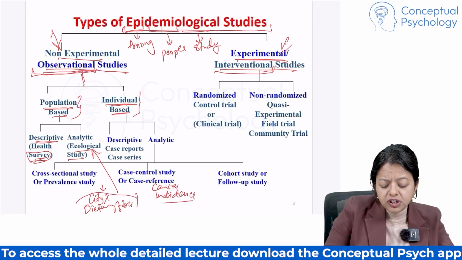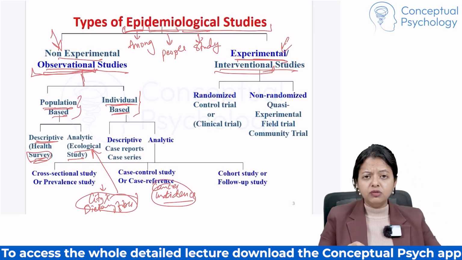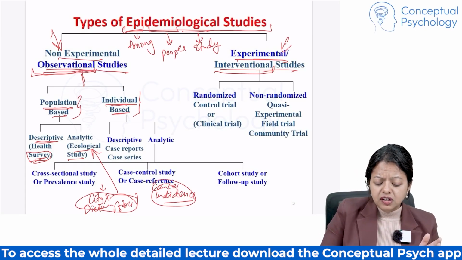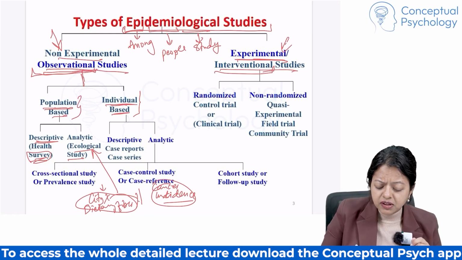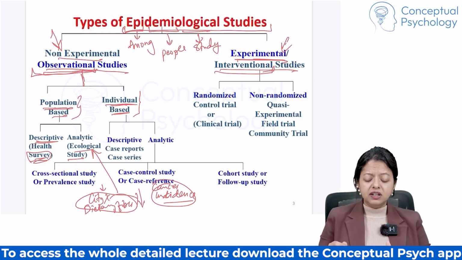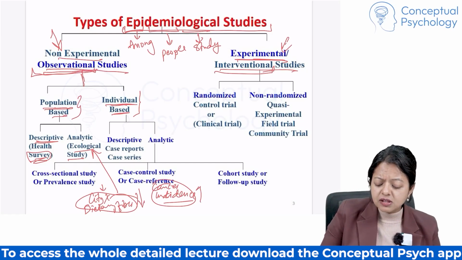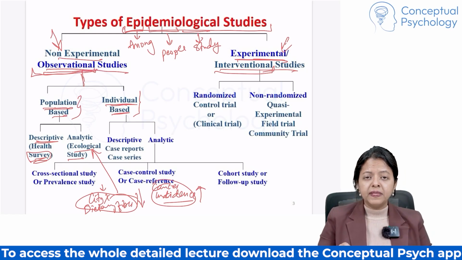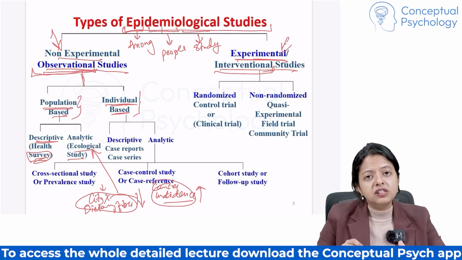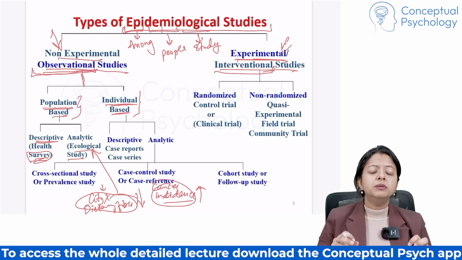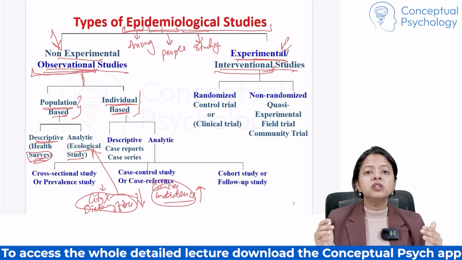So these are population level data and you are trying to find out any relation. Okay, you find out that in city X, as the dietary fiber consumption decreases with years, the cancer incidence has been increasing with years. So this is an ecological study where the parameter being used is at the population level, mass level.